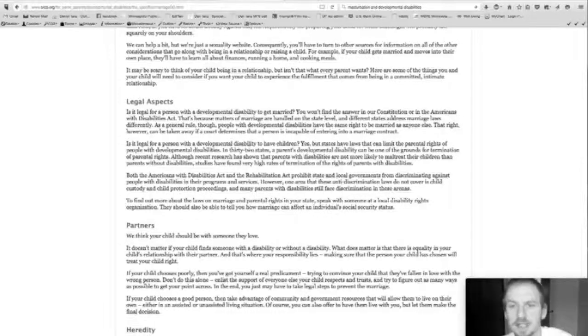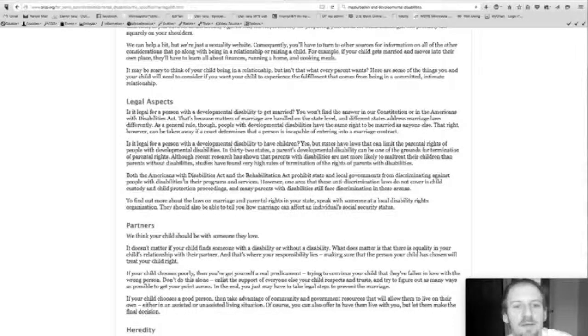Is it legal for a person with developmental disabilities to have children? Yes, but states have laws that can limit the parental rights of people with developmental disabilities. It says, in 32 states, a parent's developmental disability can be one of the grounds for termination of parental rights. Although recent research has shown that parents with disabilities are not more likely to maltreat their children than parents without disabilities, studies have found very high rates of termination of the rights of parents with disabilities.